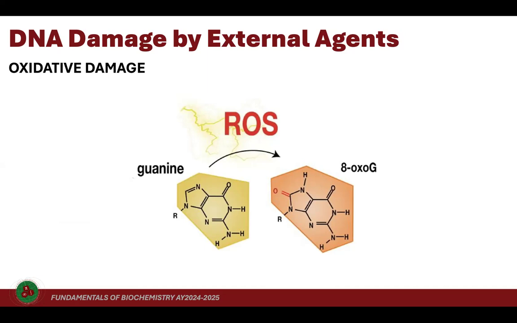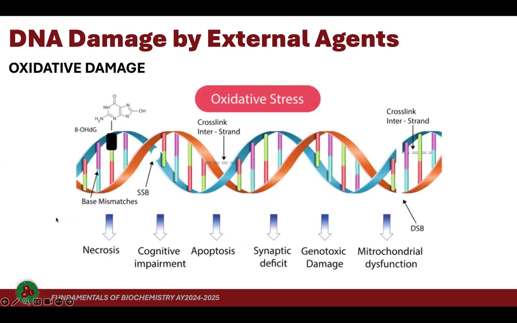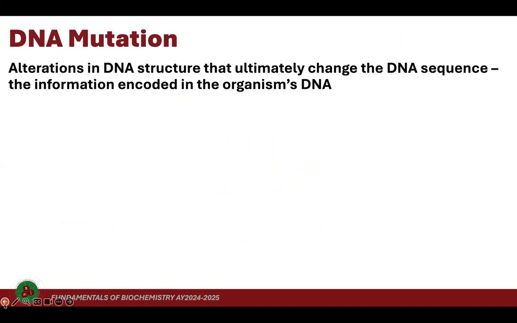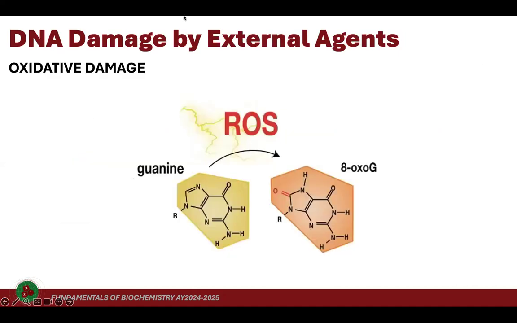But if they get excessive, like you get lots of ROS, then your cell will experience what we call oxidative stress. Now, what are examples of these reactive oxygen species? We have peroxides, of course, O2 2-. We can have hydroxyl radicals.